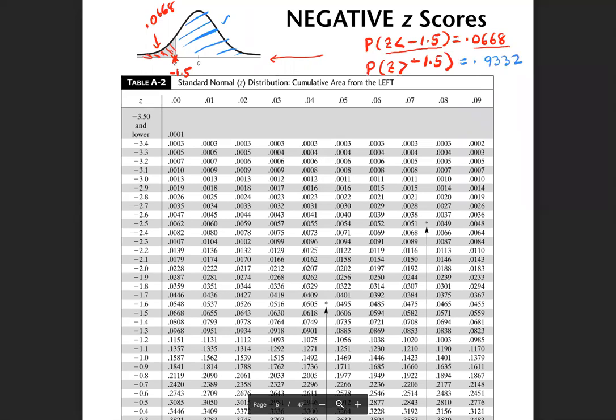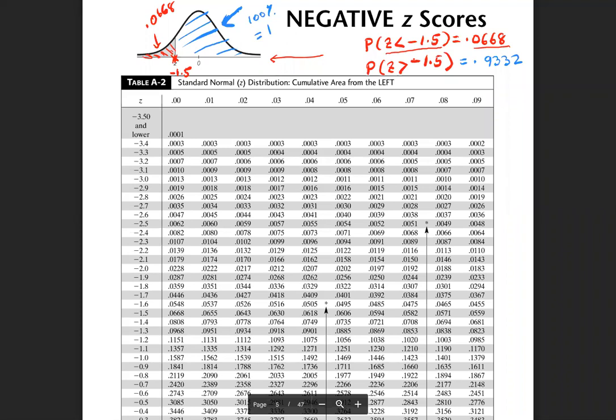It is 0.9332. Why? Remember, a few minutes ago I told you the area under the entire density function has to be 100% or 1.